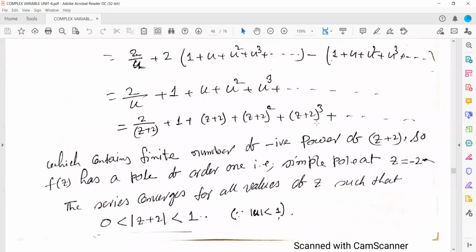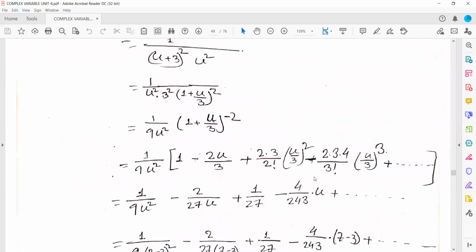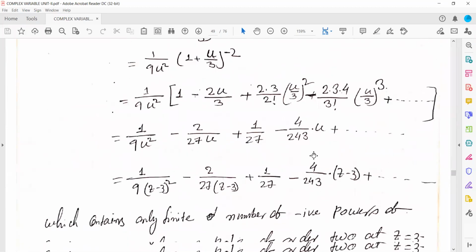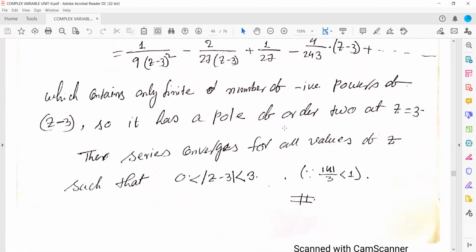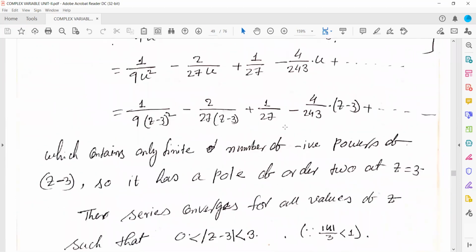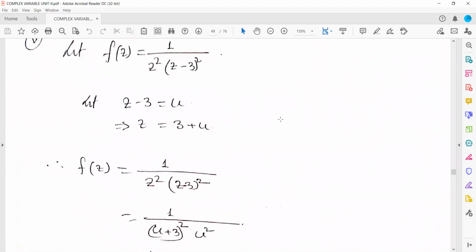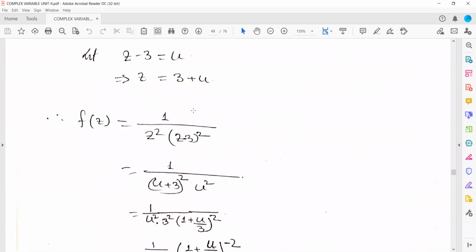The series converges for all values of z such that mod of z minus 3 is less than 3, because u is z minus 3.